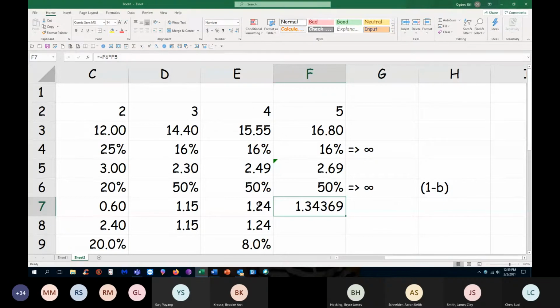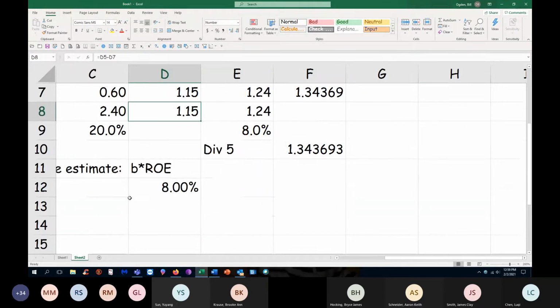Okay, so what would the stock be worth at the end of year 3, according to this model? It would equal D4 divided by R minus G. So let's try this.